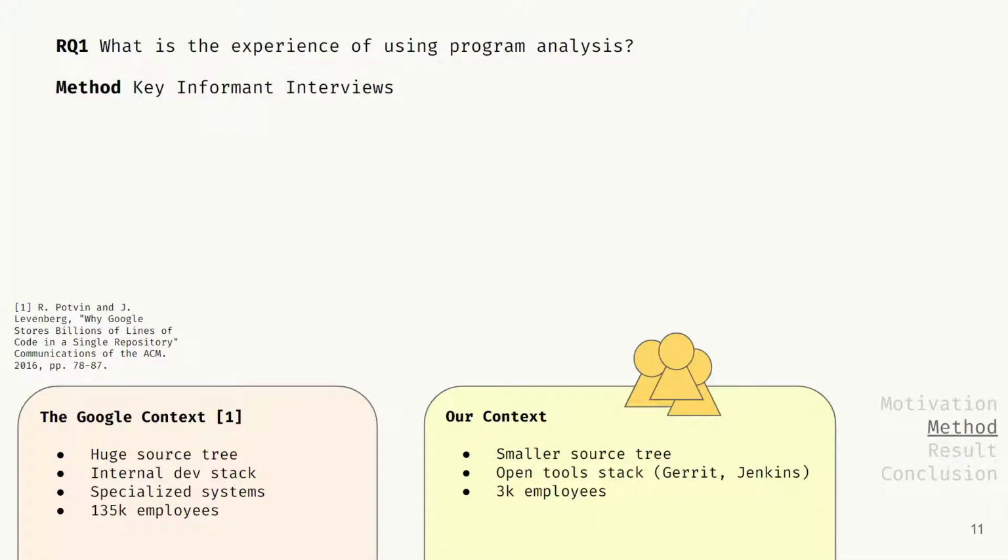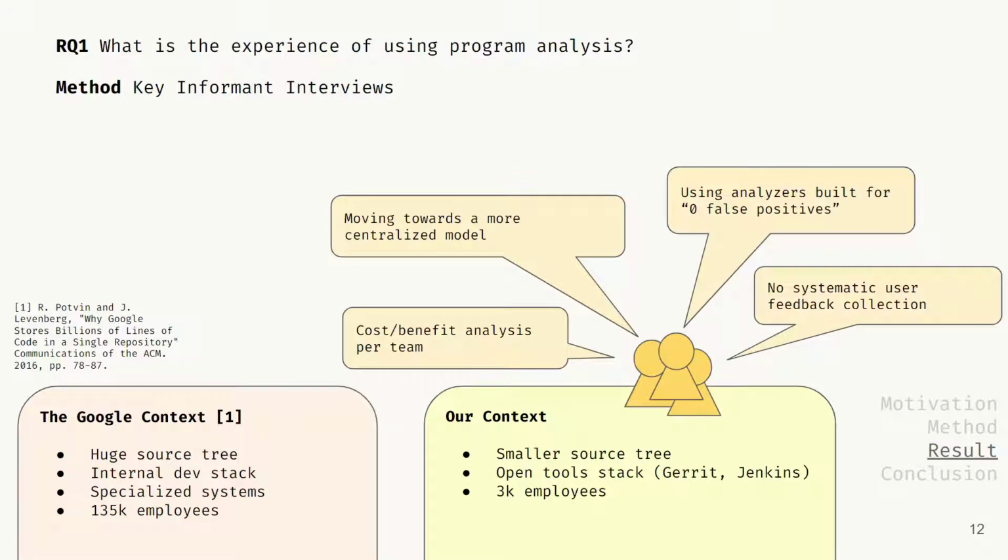We performed some key informant interviews in our new context and found that no systematic user feedback collection has been done before on the theme of program analysis. The strategy was instead to leave the decision up to the teams to do their own cost-benefit analysis on what would serve them best.